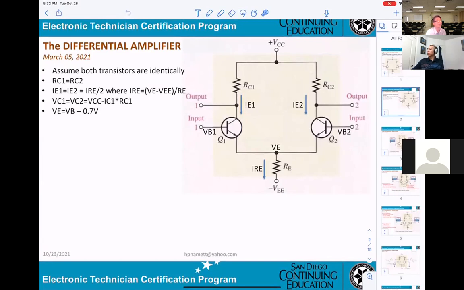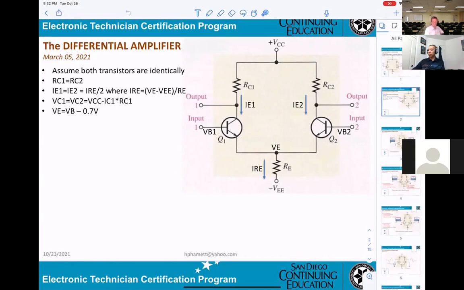And VC1, that means the output here, equals VC2, and it will be equal to VCC minus IC times RC, either one or two. And VE, the voltage VE here, equals VB minus 0.7 volt for a silicon diode. That's what we already covered.